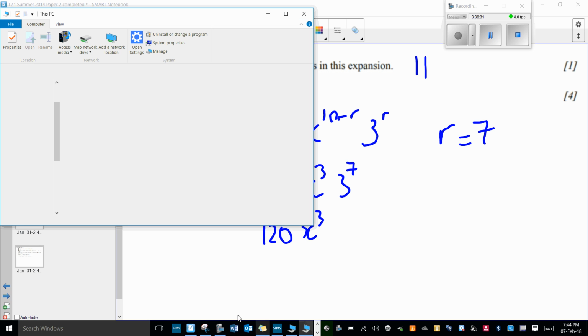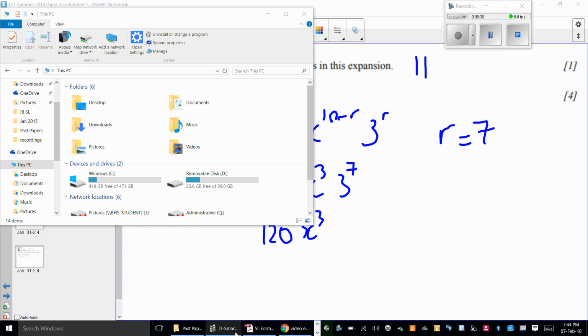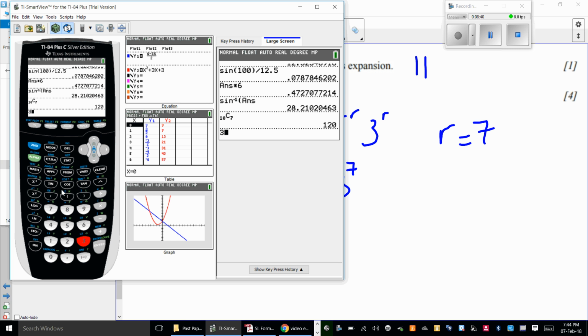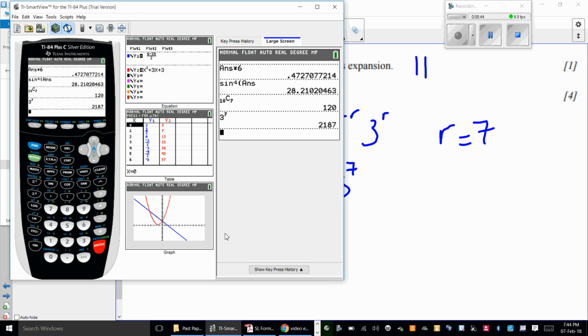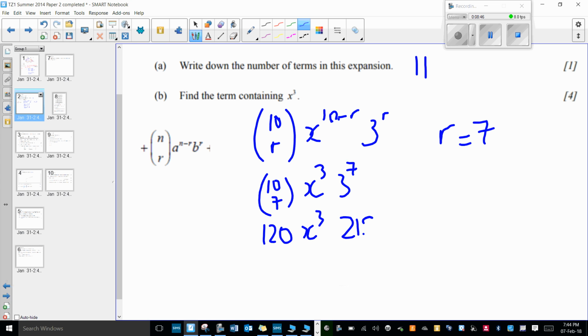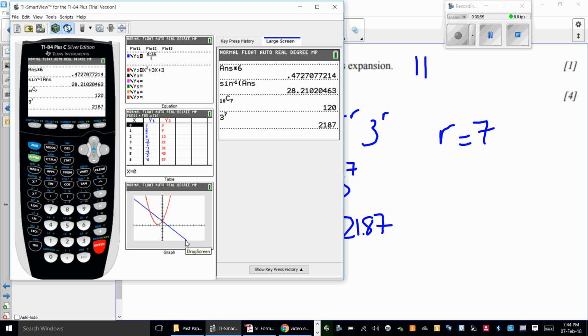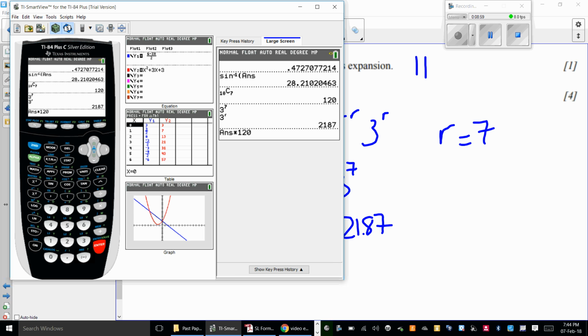That's 2187. There's no decimal point there. And so we're going to now do 2187 multiplied by 120. Gives 262440.